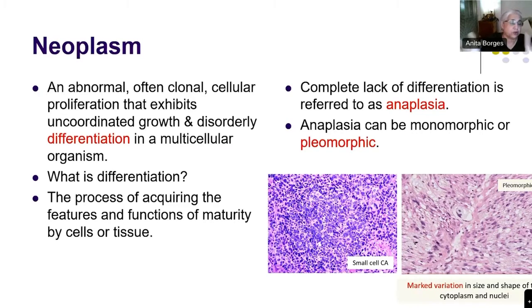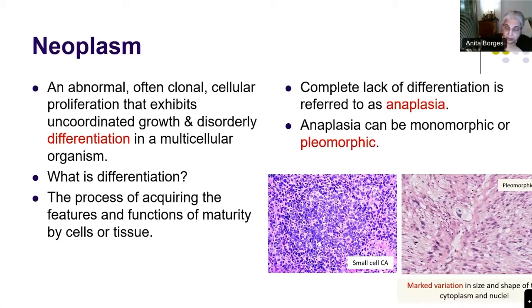So do you understand what you can use these terms, undifferentiated tumor, or you can use the term anaplasia. Today, by and large, the word anaplasia is not used for monomorphic tumors. It is used essentially for highly pleomorphic tumors with marked variation in size and shape of the cytoplasm.